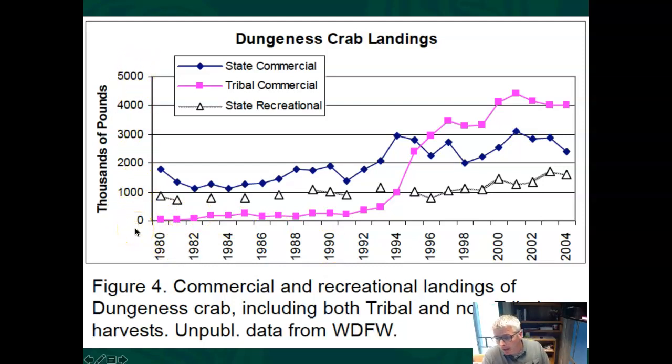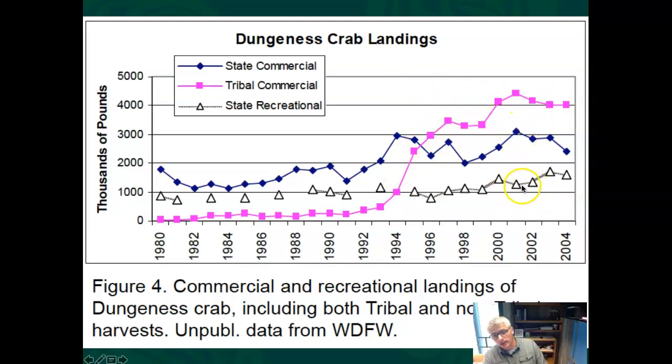And so if we look back here in the early 80s, there was some tribal commercial harvest, but very minimal compared to recreational harvest, people just going out and buying a fishing license, which was even less than the state commercial harvest. Now something changed here in 94 into 95, that the amount of crab being harvested for tribal commercial greatly increased.